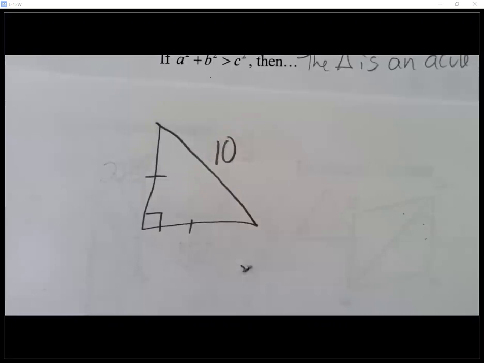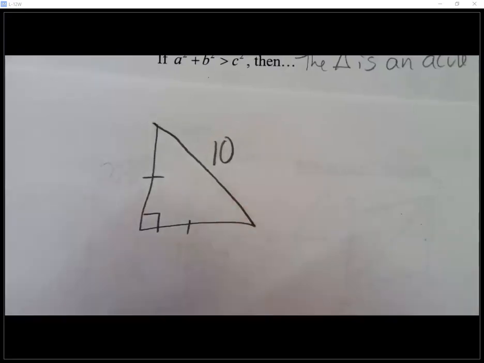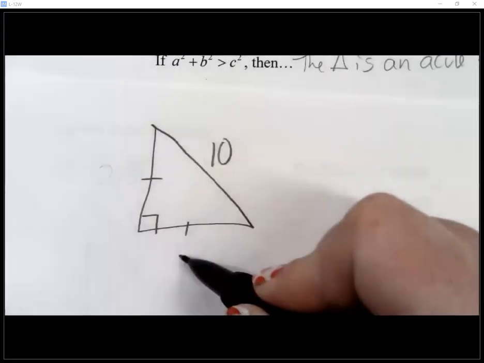So listen, 5 root 2 is the right answer. Now, in order to get this side, if I know what this side is, I'm just going to multiply by root 2 to get this side.